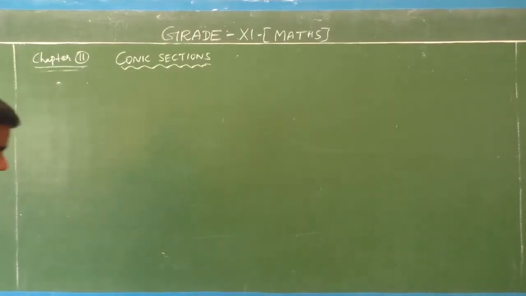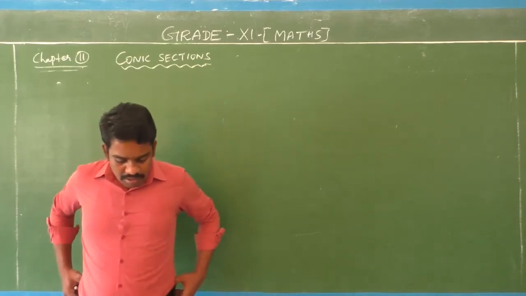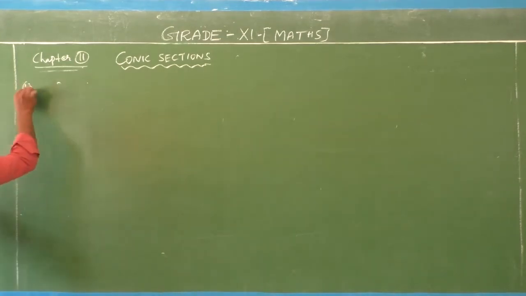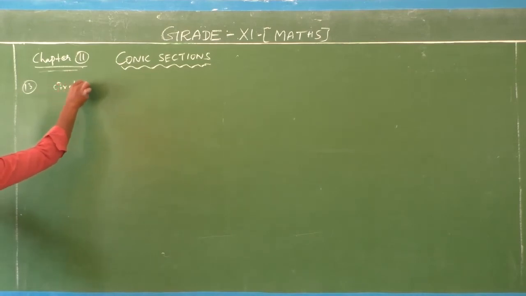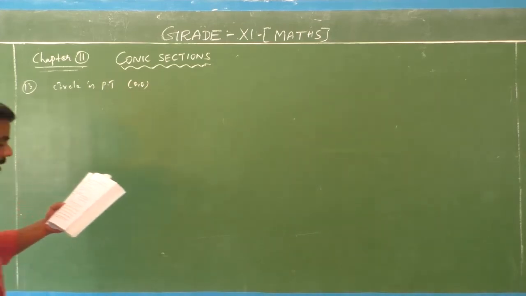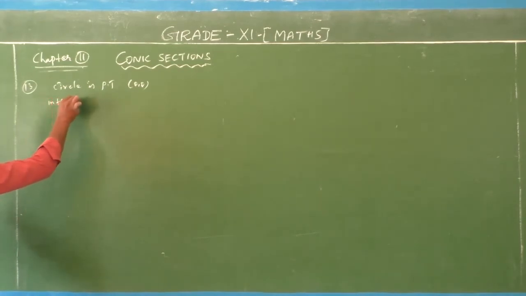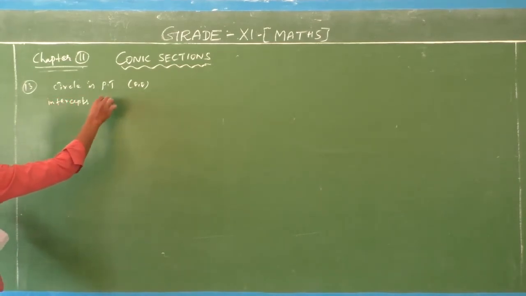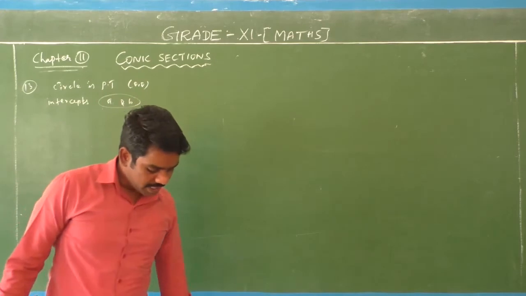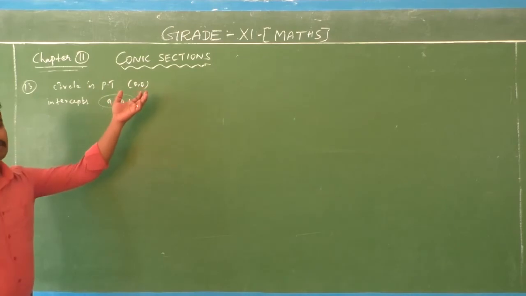Next, question number 13. Find the equation of the circle passing through (0, 0) and making intercepts A and B on the coordinate axes. So the first information is that the circle is passing through (0, 0).